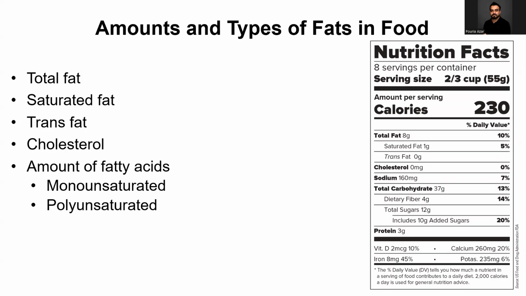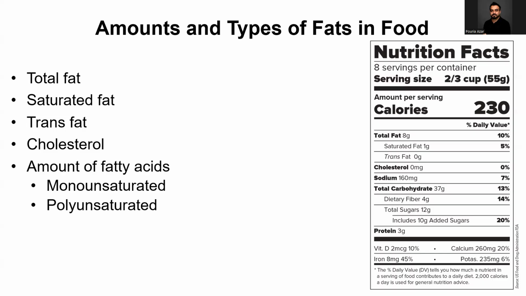The things we see on the nutrition facts label regarding fats are total fat, saturated fat, trans fat, and cholesterol. Reporting total fat, saturated fat, trans fat, and cholesterol is mandatory on the nutrition facts label.